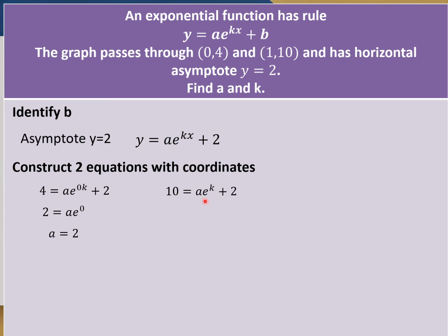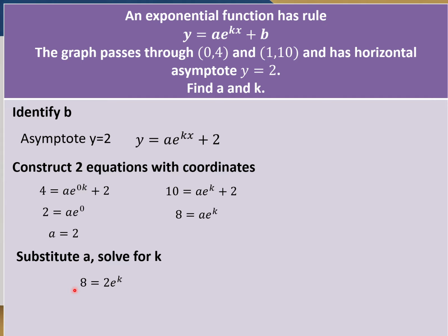With the second equation, I've got 10 is equal to a e to the power of k plus 2. I'll get 2 to the other side by taking it away. And now I can just substitute that value for a into this equation. And all I'm left with is k.